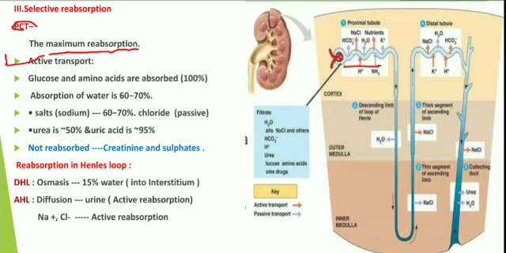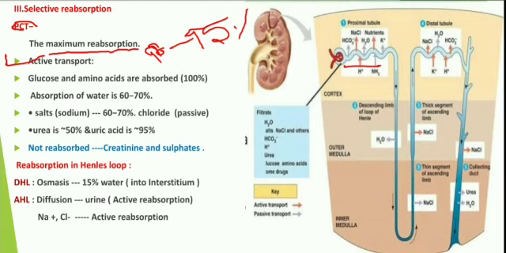As per other sources, 92 to 95 percent of reabsorption is completed in the PCT. That means major reabsorption takes place in this very highly coiled tube, the proximal convoluted tubule.